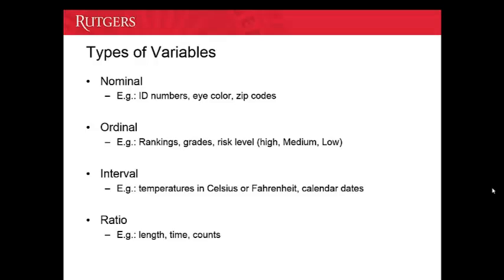Whereas ordinal variables are mutually exclusive, however, they come in a logical order. For example, grades, they go from A, B, C, D, and F. They come in a certain order. Risk levels, whenever we talk about risk level, it could be high, medium, low.